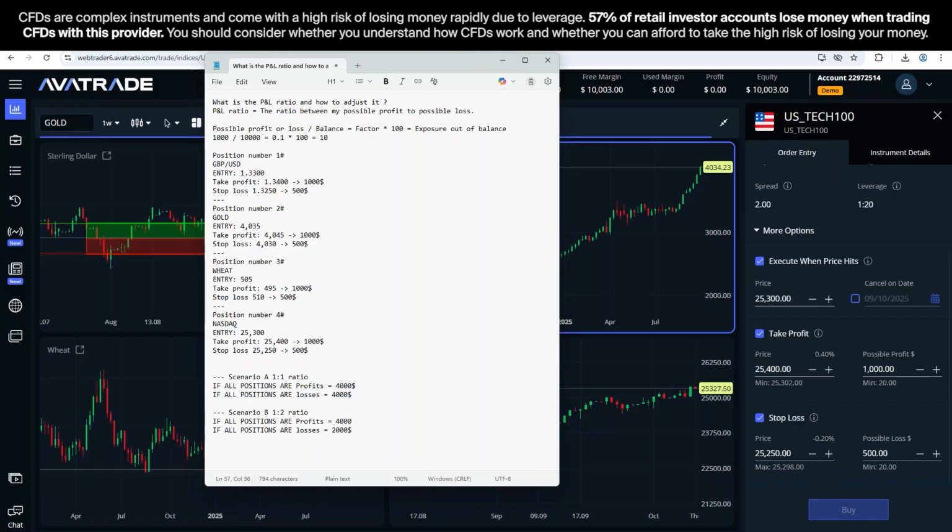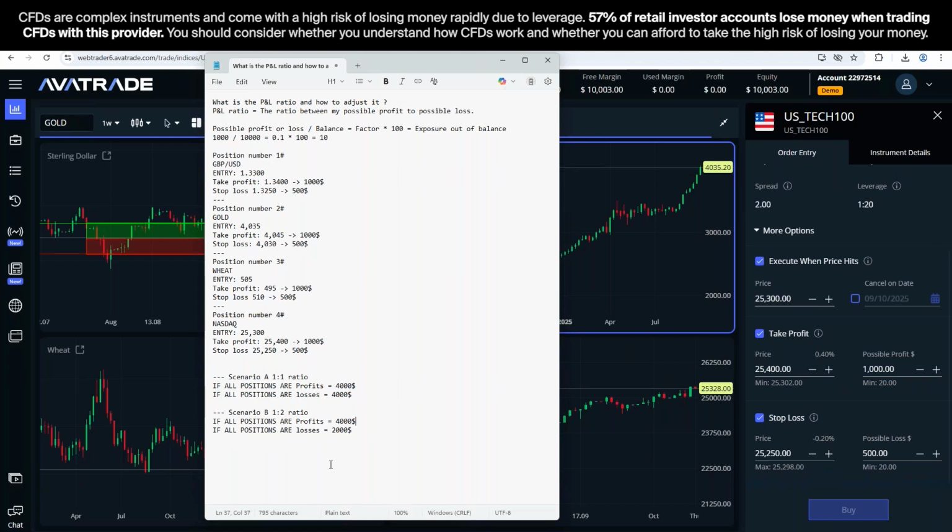Let's take another scenario. Scenario C. In this scenario, we're going to measure not if all, but if half. So if half, that's going to look like this, and that's going to look like that.